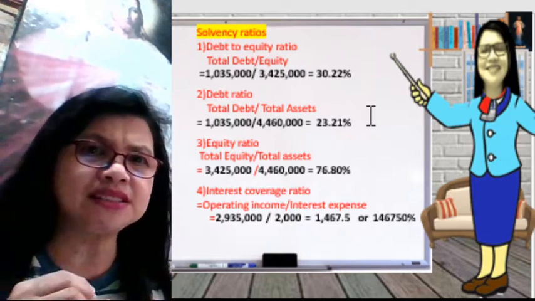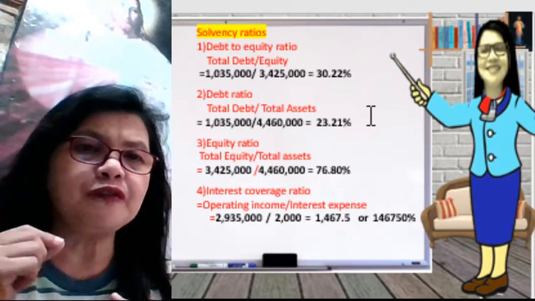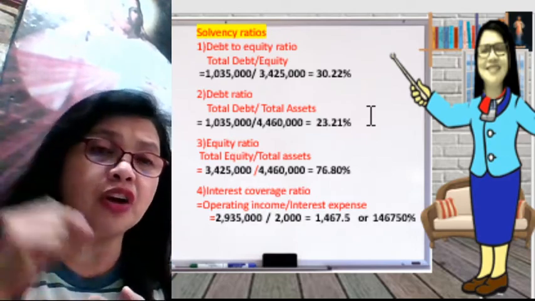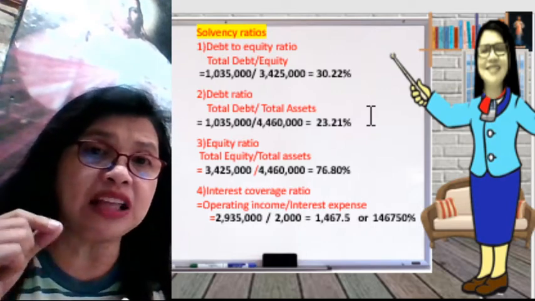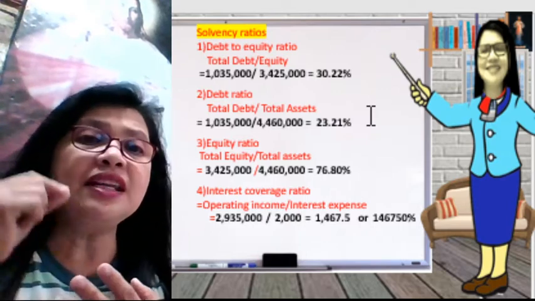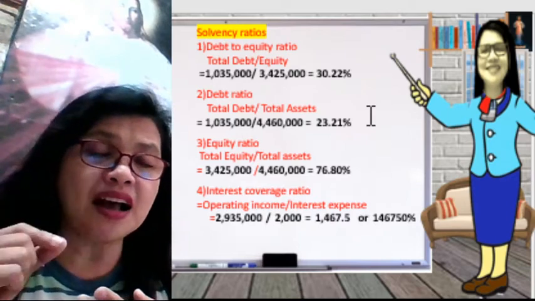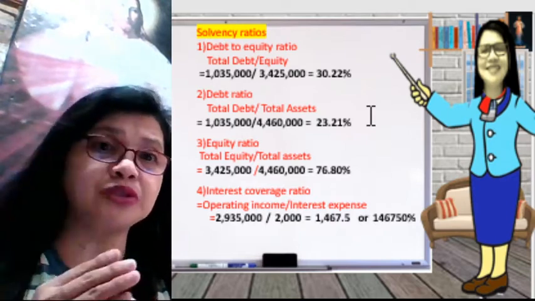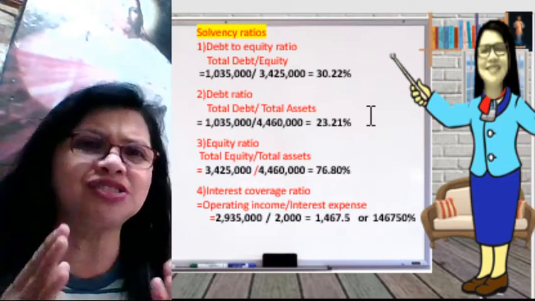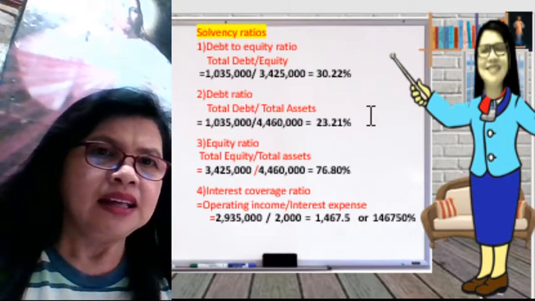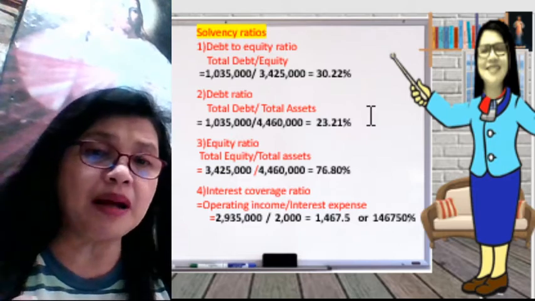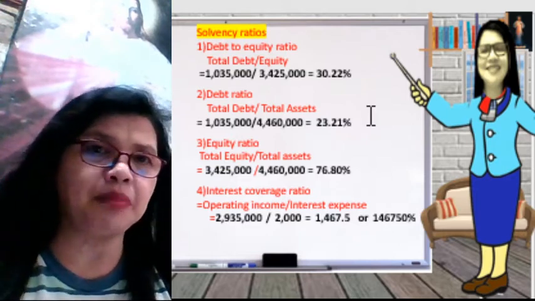That means your assets are financed heavily by the owners by 76.8%, and only 23% of your assets is financed by the outside creditors. So this shows a good credit standing. This is favorable to the company and even to the outside parties.